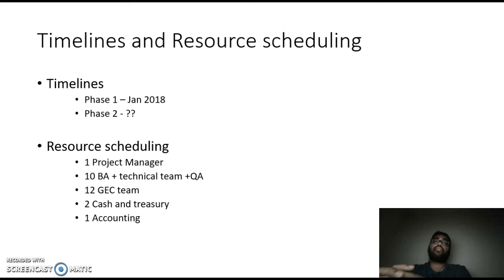We'll have two cash and treasury systems and one accounting system. As you can see, the resources will be well scheduled and not over allocated, and the goal of a smaller team is to minimize the cost of development and to achieve the APIs that we have currently assigned.